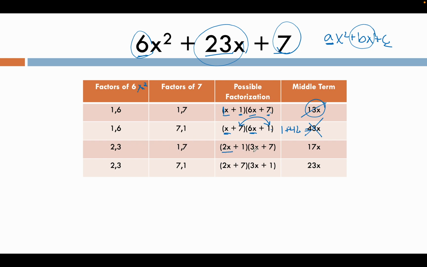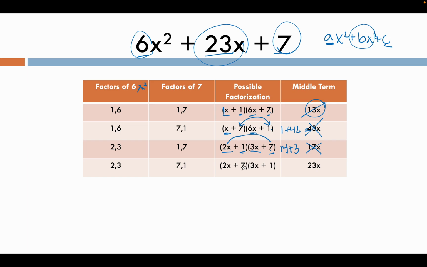So I put 2x first and 3x second, and then I placed 1 and then 7 in that order. We know that's going to give us the 6x squared, and then 1 times 7 is going to give us 7. We just need to find that middle term. So 2 times 7 is 14, and 1 times 3 is 3. 14 plus 3 is 17, which is no good.